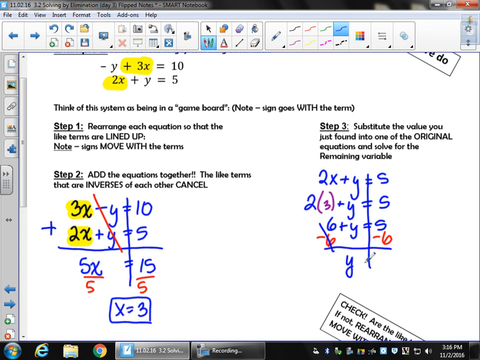Y equals, let's see, 5 minus 6, negative 1, and I'm done. So as a solution, as an ordered pair, my solution is 3, negative 1. I'm done.